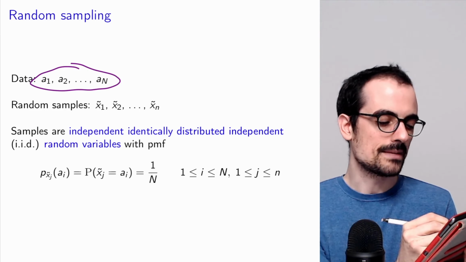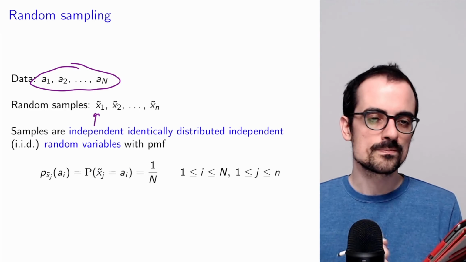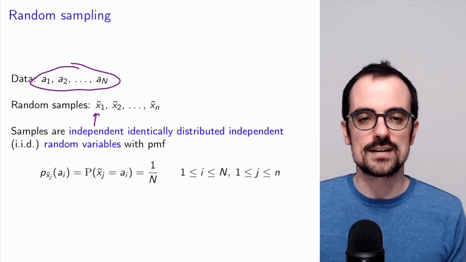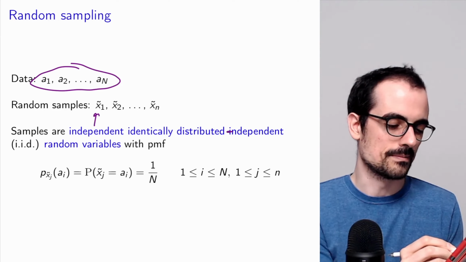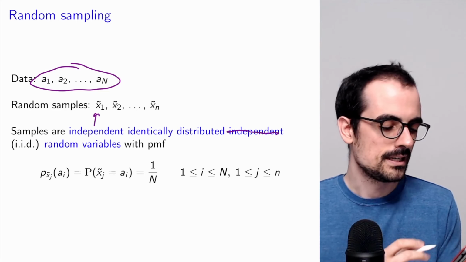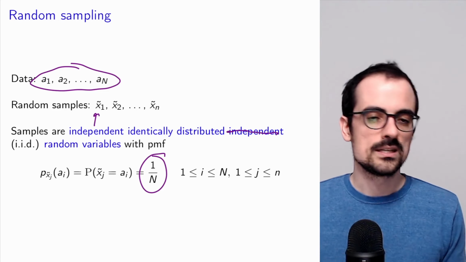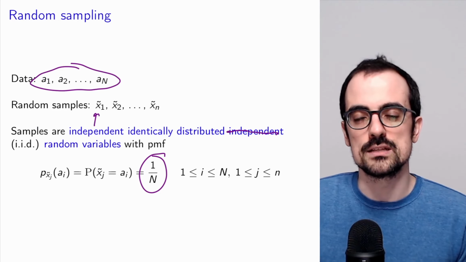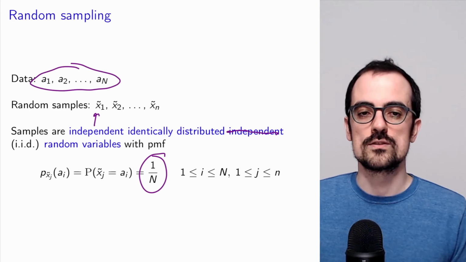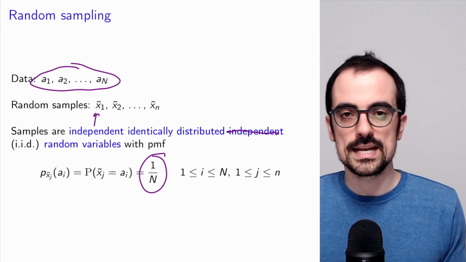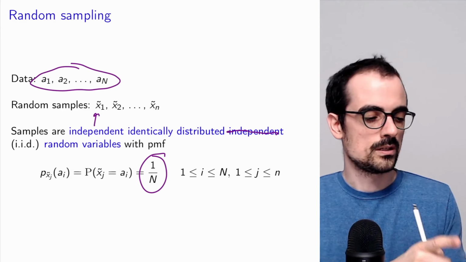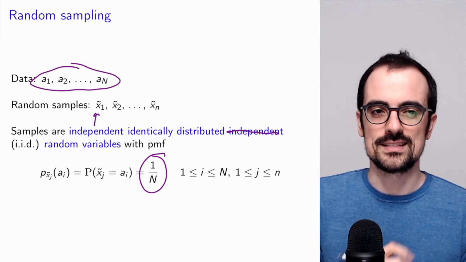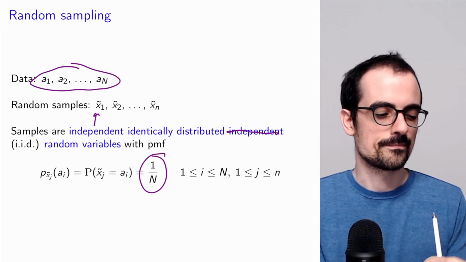Every time we get a measurement, we sample one of those values, and hence we get these IID random variables that have this PMF, where the probability that each of the random variables is equal to an individual in the population is equal to 1 over n, where n is the size of the population. This is just a quick reminder of the mathematical definition of our measurements.